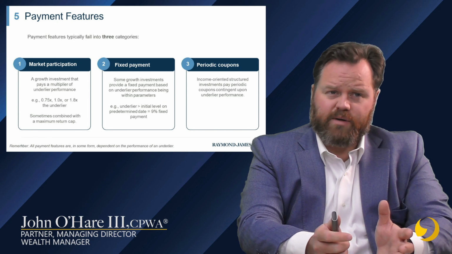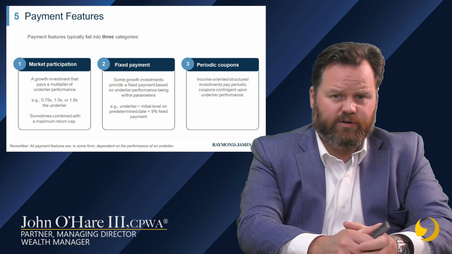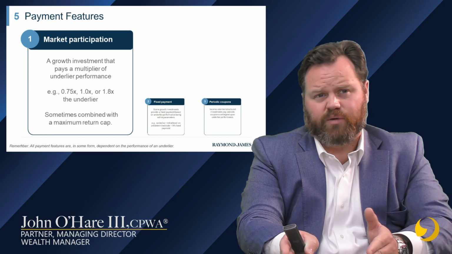A couple of different ways they can pay us. Market participation. So not to be very confusing, but one of the things they do is what we call a multiplier. So if you see that number there, it says 0.75, 1%, and 1.8%. What this means is that 1% is matching the index. So if the index is up over that period, let's say 20%, if you're 1 times, you're also up 20%.